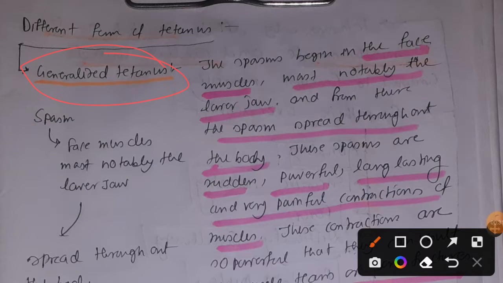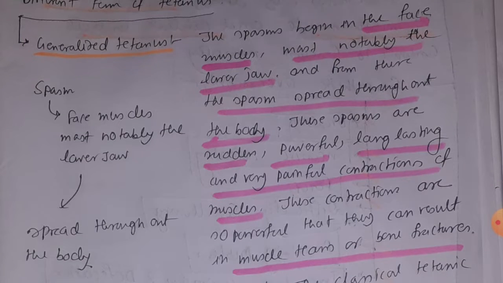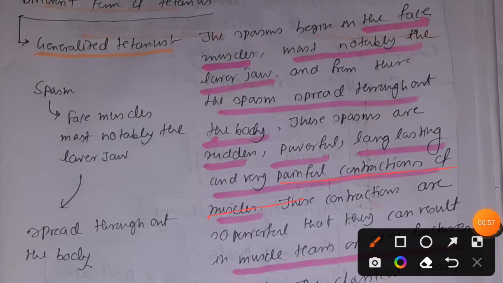This generalized tetanus starts when spasm occurs in the lower jaw of facial muscles. Now it is important to know what spasm is. Spasm is nothing but a sudden, very powerful, long lasting and very painful contraction of the muscle.